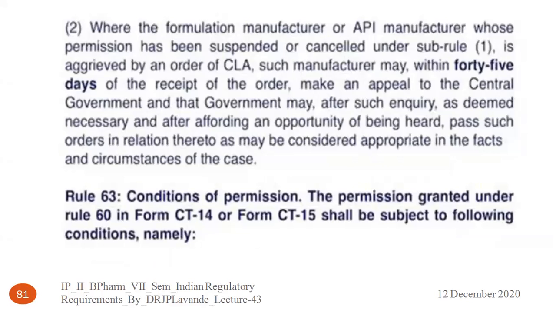Where the formulation manufacturer or API manufacturer whose permission has been suspended or cancelled under Sub Rule 1 is aggrieved by an order of the Central Licensing Agency, such manufacturer may, within 45 days of the receipt of the order, make an appeal to the Central Government, and that government may, after such inquiry as deemed necessary and after affording an opportunity of being heard, pass such orders in relation thereto as the case may be considered appropriate in the facts and circumstances of the case.